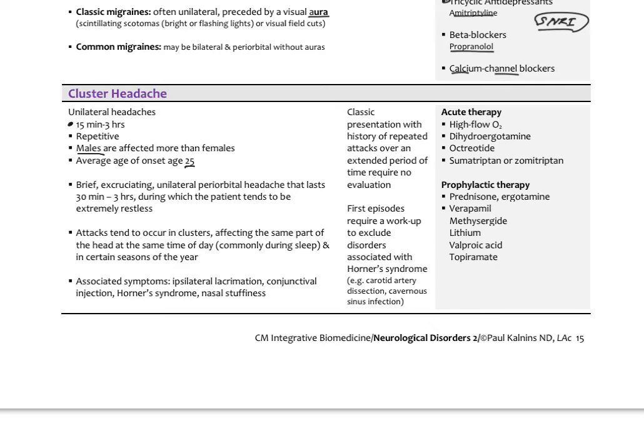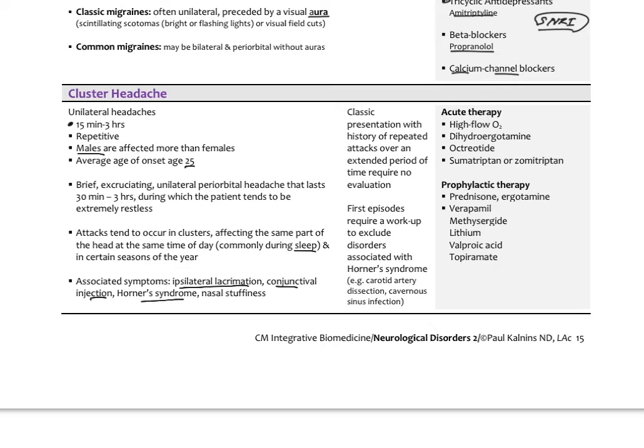Attacks tend to occur in clusters, affecting the same part of the head at the same time of day. And they can also happen during sleep. And they're aggravated during different seasons of the year. Usually there's tearing on that eye, so ipsilateral lacrimation. The conjunctiva look injected, so they'll have the redness in the conjunctiva, the white of the eye. Looks like little broken blood vessels in there.